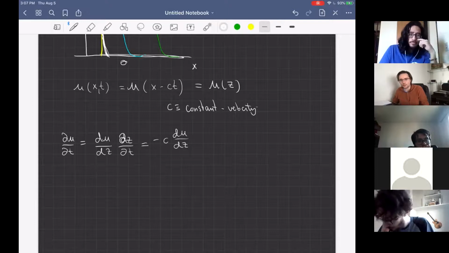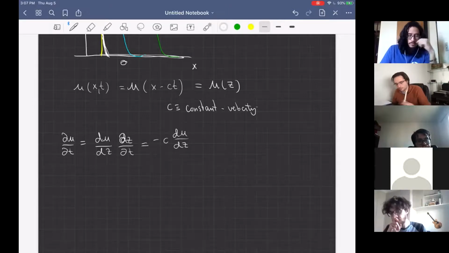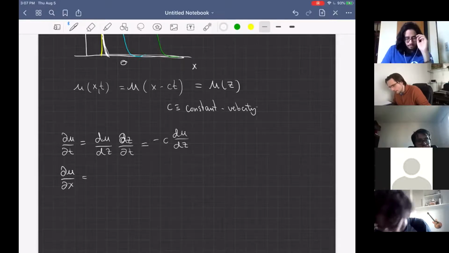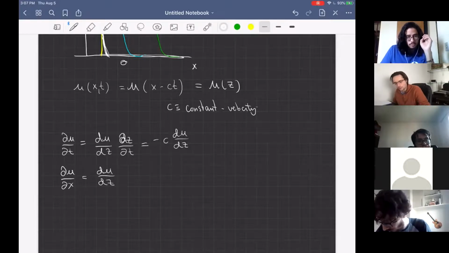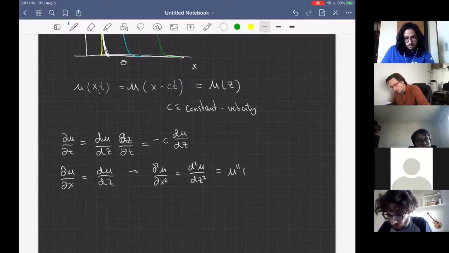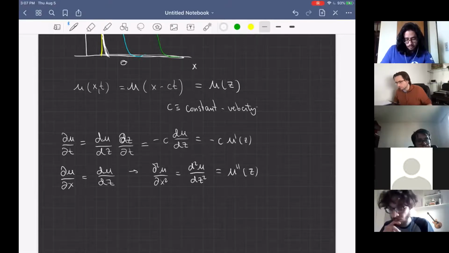I don't know if everyone is familiar with differential calculus. I am assuming everyone is. Then I do the same for the derivative of u with respect to x, and you can see that this is going to be equal to the derivative of u with respect to z. If I do it twice, which is what I need, and using a notation that will help me not make mistakes, it looks like this.